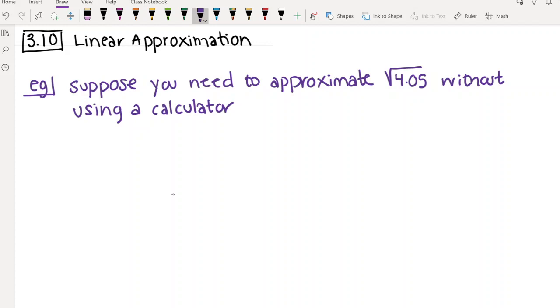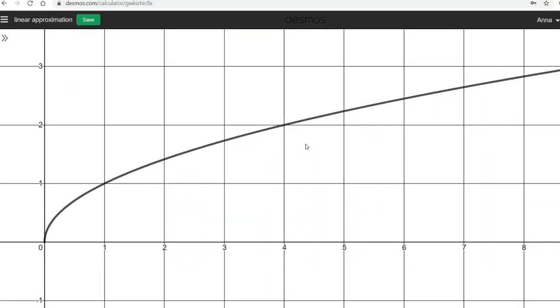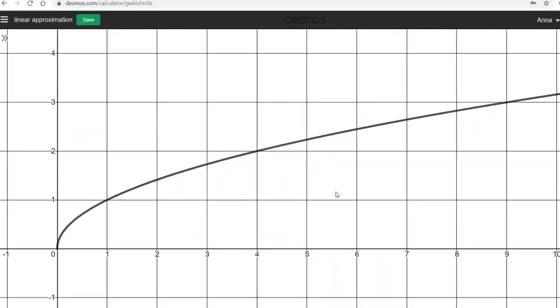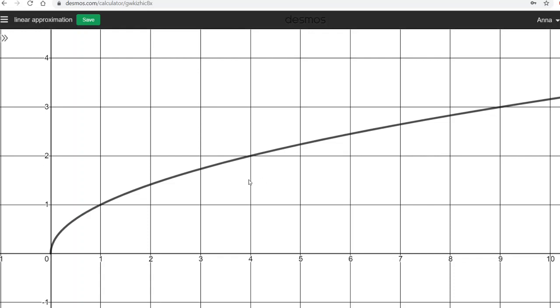Let me just show you a picture on Desmos first. Here's the function f of x is equal to the square root of x. Plugging the number 4.05 into this function is one way that, if you had a calculator or Desmos, you could find the value.